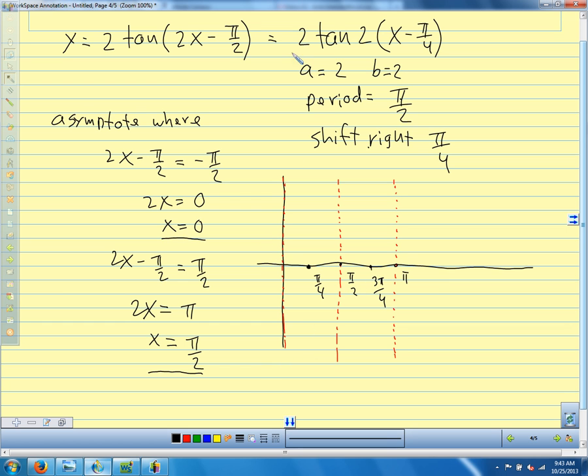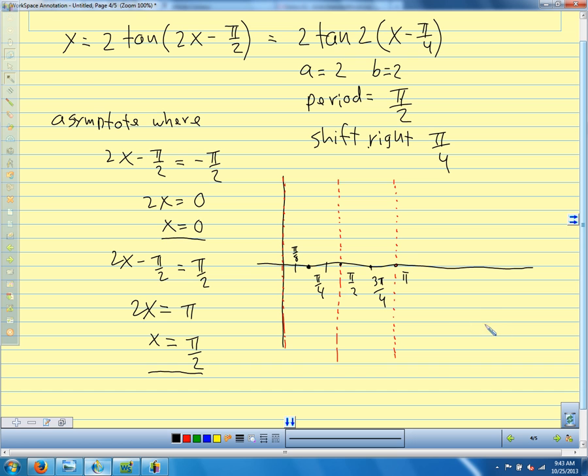And we know that halfway between our intercepts and our asymptotes, y equals plus or minus a. So if this is pi over 4, this is going to be pi over 8. And halfway between pi over 4 and pi over 2, how do we figure out what's halfway between pi over 4 and pi over 2?